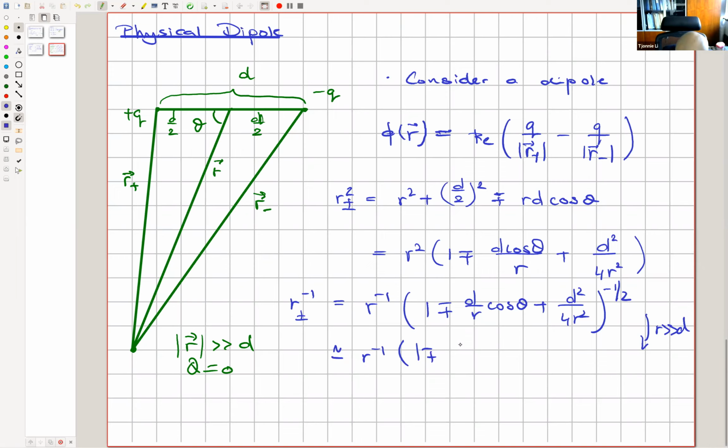times 1 minus plus d over r cosine theta to the minus 1/2, which is again similar to r to the minus 1 times 1 plus minus d cosine theta over 2r, like this.